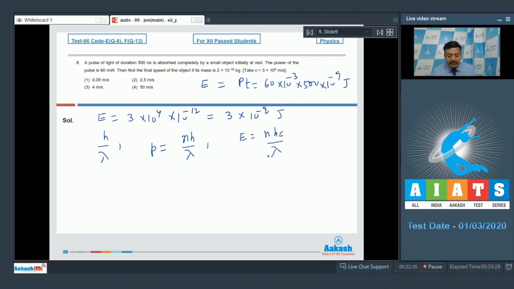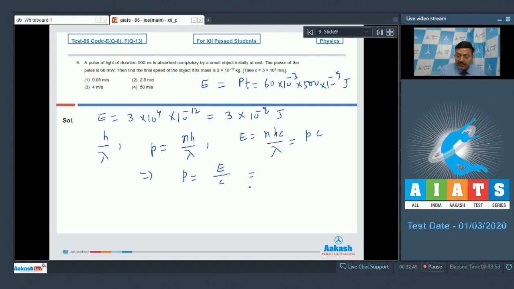So we can get E by simply multiplying P with c, that means we can get P, the momentum of all the photons which has been absorbed by the object, simply as E divided by c.